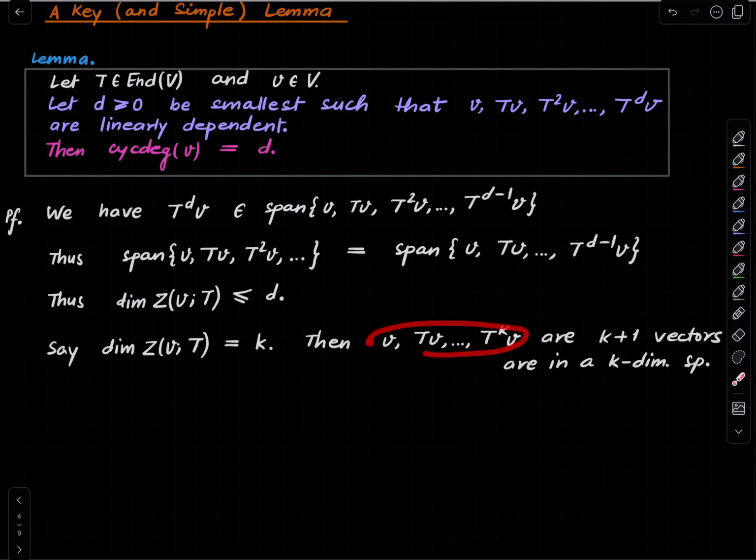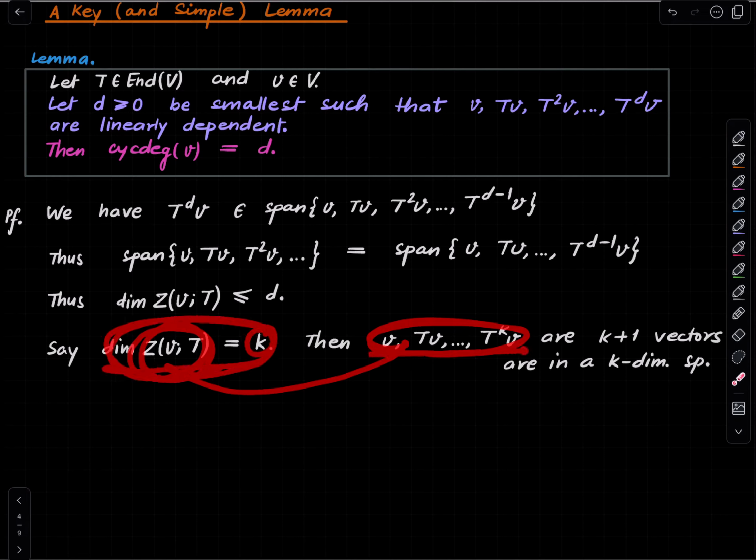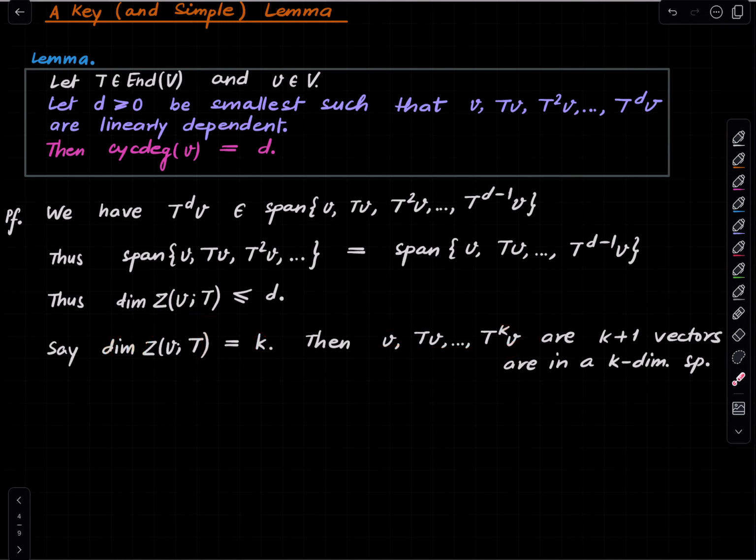Well, they all live in the cyclic subspace generated by V, which by notation has dimension k. So these k plus 1 vectors are living in a vector space of dimension k, and hence they must be linearly dependent. So thus they are linearly dependent. And that gives that D is at most k, which is by notation.